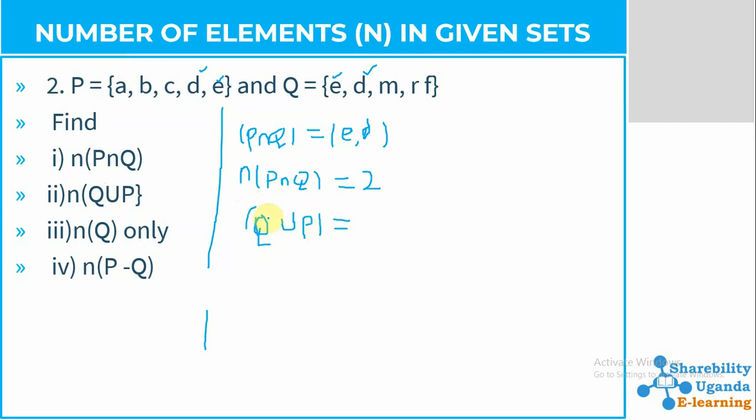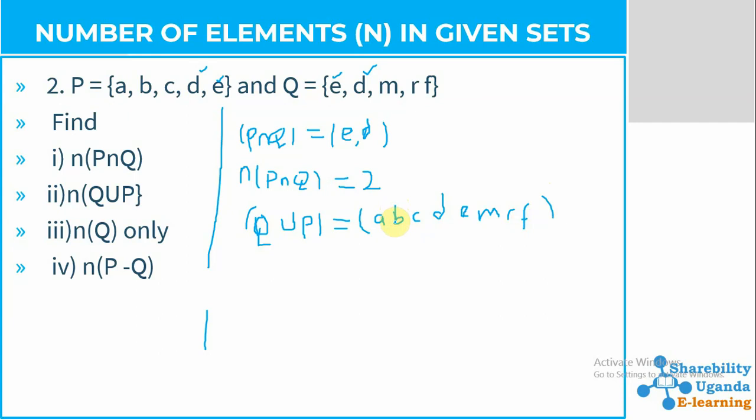We first identify the members in both sets such that we can get the number of Q union P. So here we have our A, we have our B, we have our C, we have our D, we have our E, we have our M, we have our R, we have F. Then I think they are over. These are the members in our Q union P.